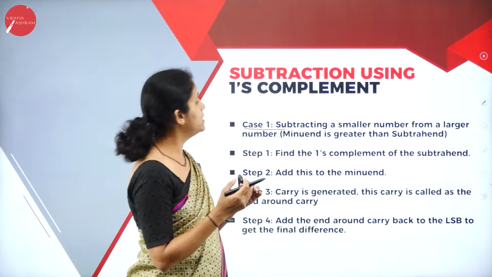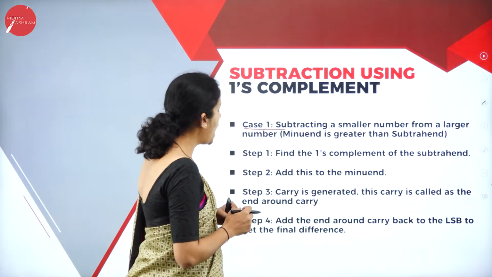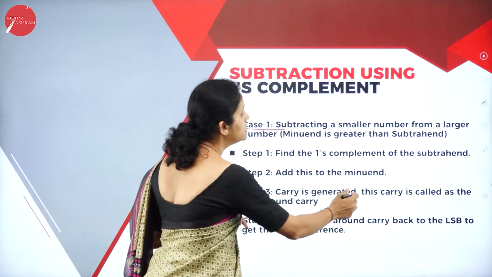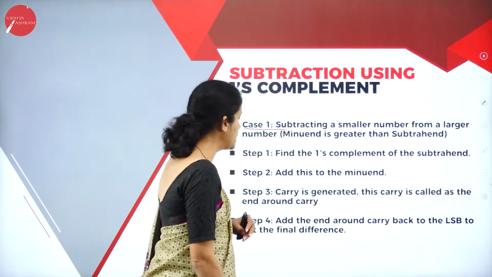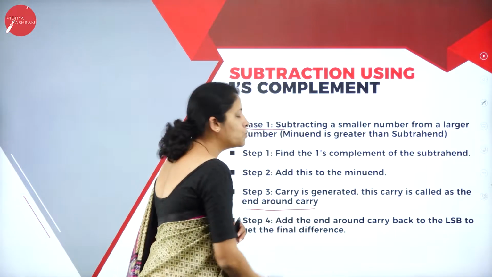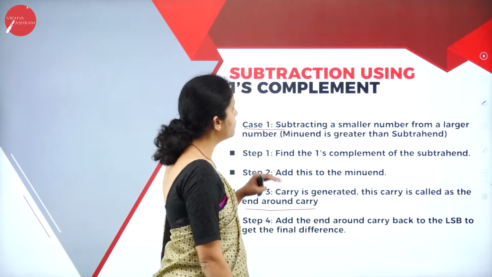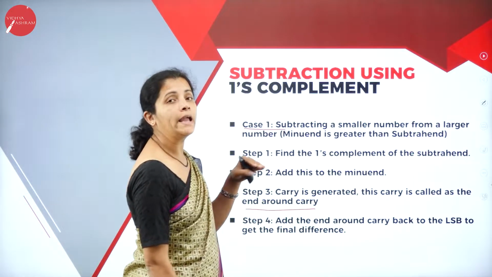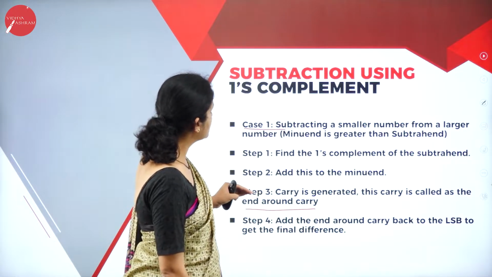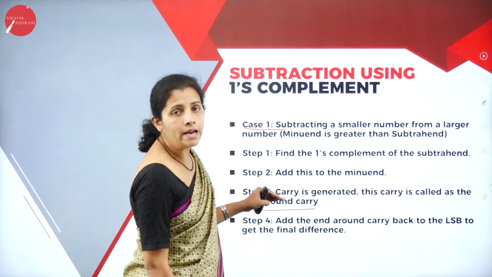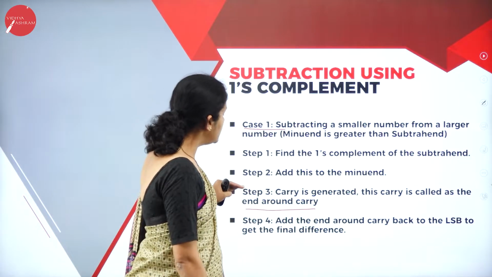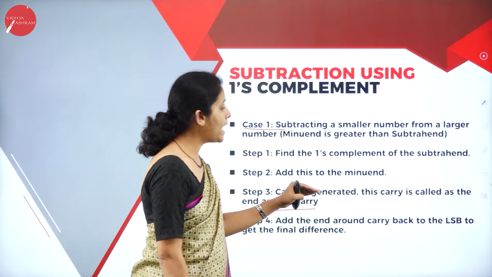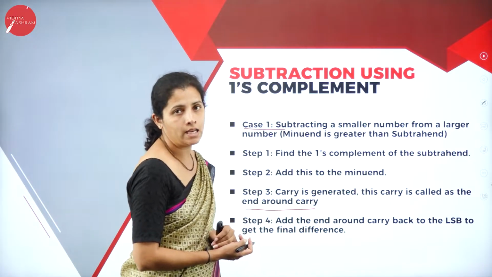Add this to the minuend and carry is generated, and this carry is called end round carry. That means after performing subtraction, if we get any carry, then it is considered as end round carry. In the last step, add the end round carry back to the LSB.